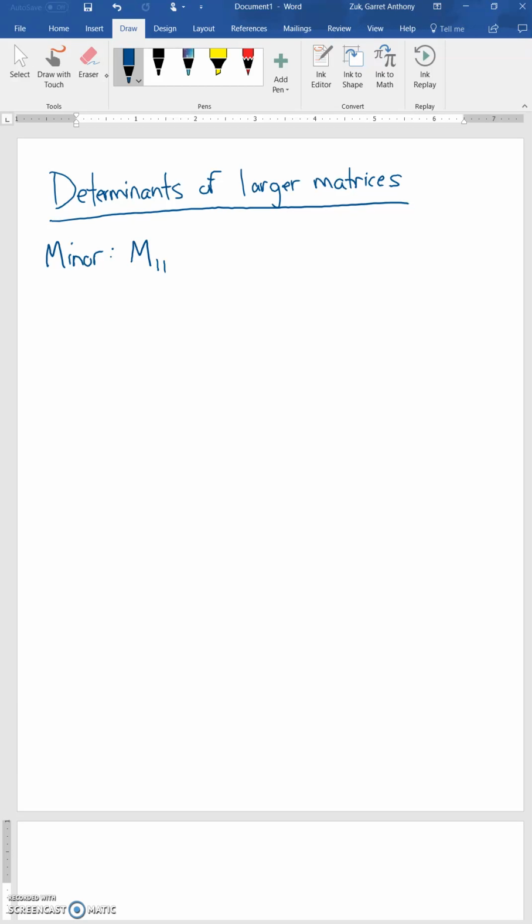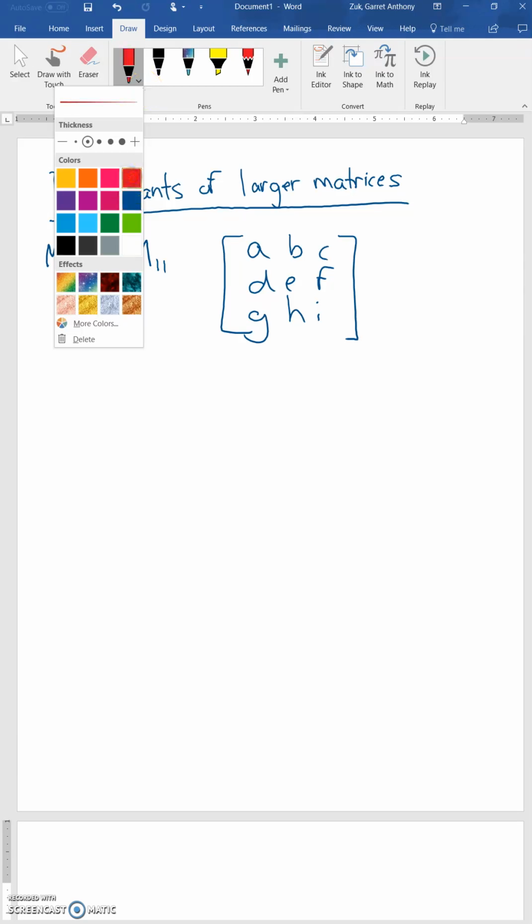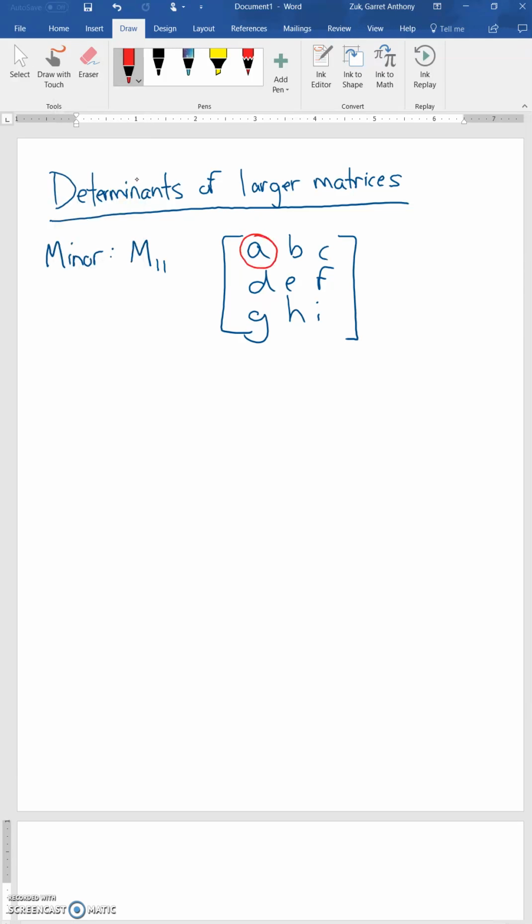So for example, let's say we've got a 3 by 3 matrix: A, B, C, D, E, F, G, H, I. Again, this is going to look familiar from our matrix unit. That means we're going to go to the element in the first row and first column, this guy here.